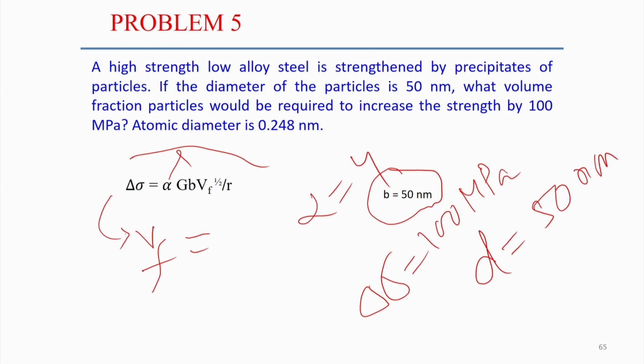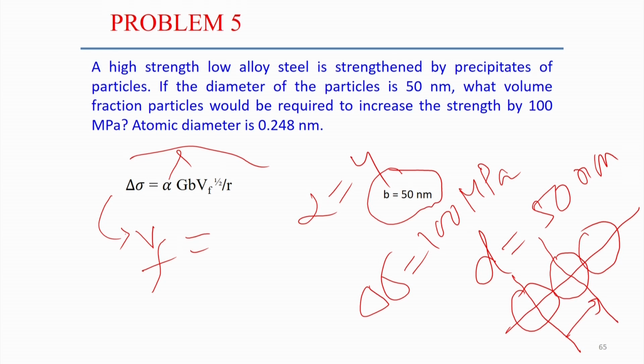Atomic diameter means we assume the close-packed direction. In this case the full Burgers vector can be represented by the shortest repeat distance, which is equivalent to the atomic diameter. So b, the Burgers vector, is basically the atomic diameter here.